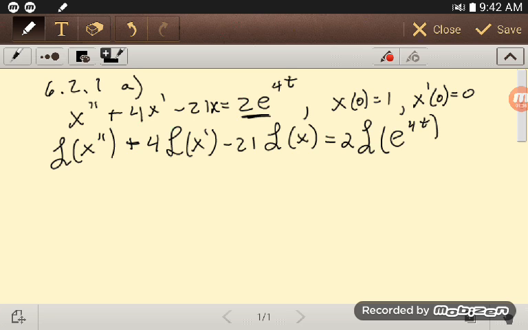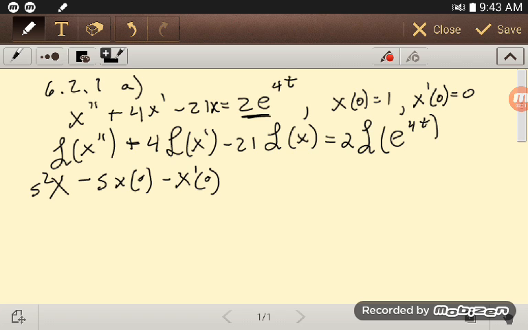So now, using my theorem, I know this is, and now my x's here, they're going to be uppercase x's. It's going to be hard to tell the difference, but I need s squared times that Laplace transform of x, and then minus, and remember the s's go down, s times little x of 0, and then minus x prime of 0.